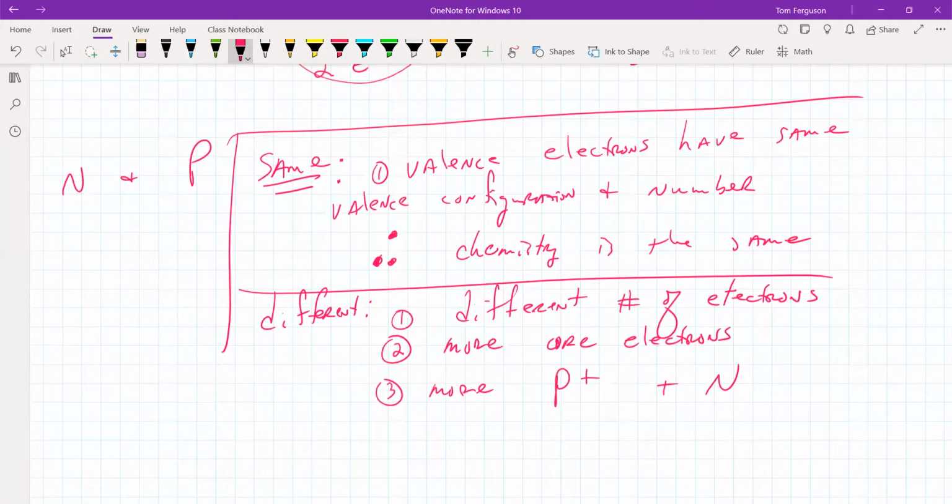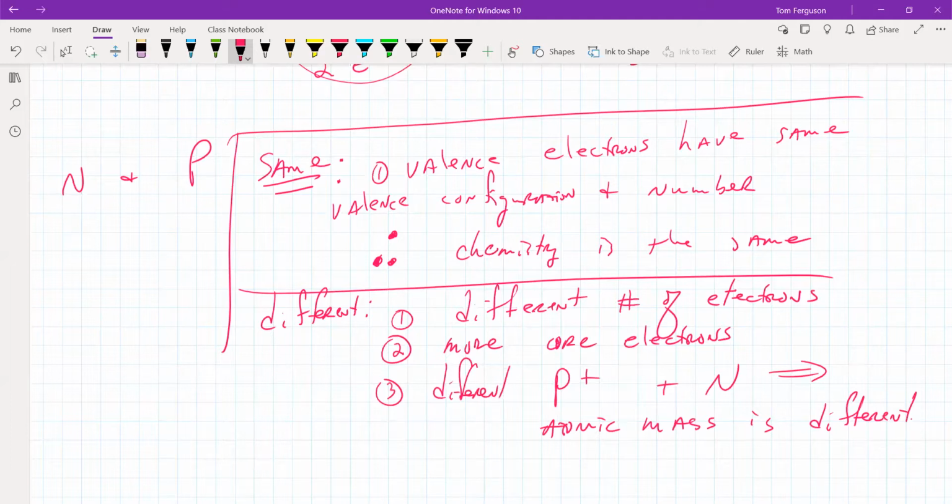More protons and neutrons, hence the atomic mass is different. But because the valence electrons are the same, the chemistry is the same.